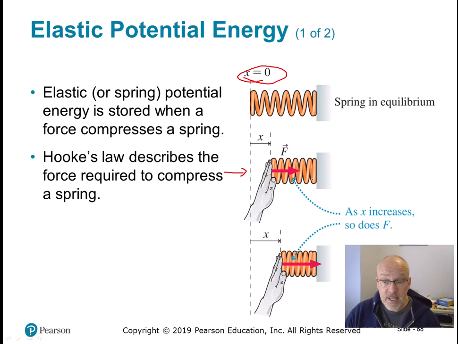So its molecular bonds have stored that energy, and it wants to release it and give it back and go back to an equilibrium point. It's like a marble wanting to track to its lowest point, or water wanting to go to its lowest energy state. Well, that spring wants to go back to its lowest energy state and release the energy that it's holding. And so it's potential energy. It can be used. And so we can solve some problems with springs as well.